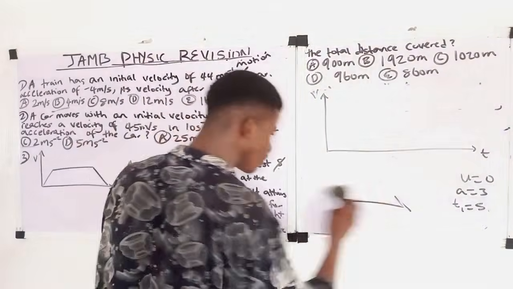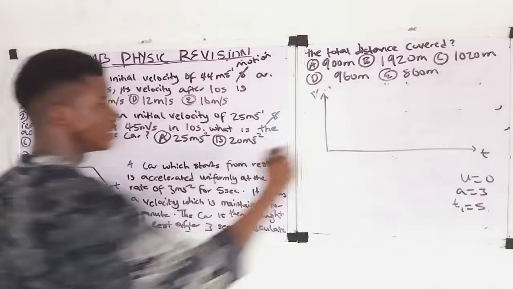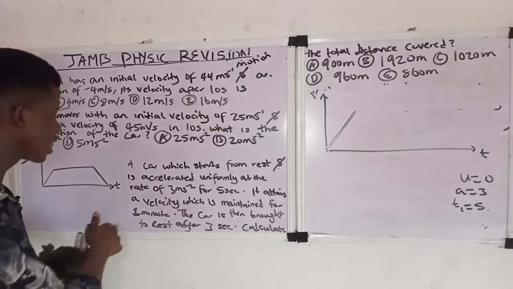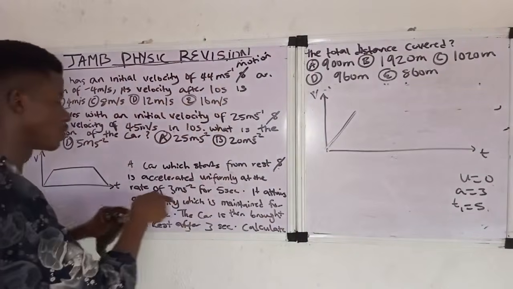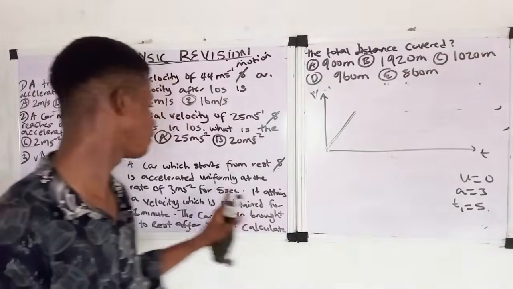Acceleration is when the object starts from rest, so the velocity is increasing. Now look at it. They say it starts from rest and is accelerated uniformly at the rate of 3 meters per second squared, so the acceleration is 3. They say for what?